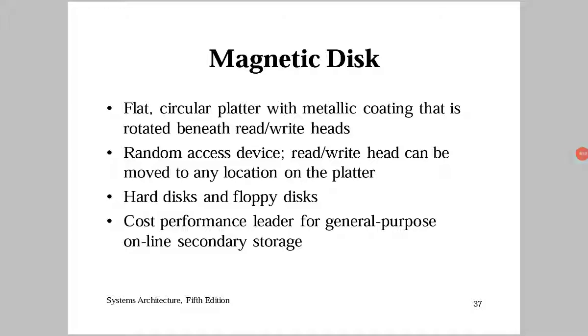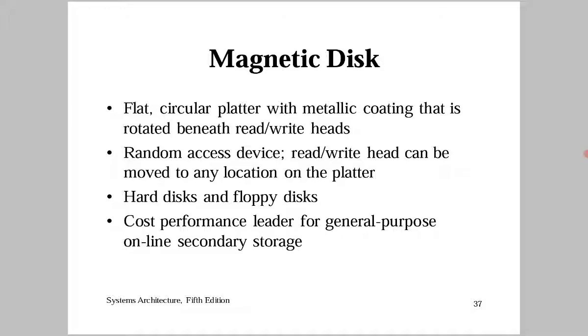A flat circular platter with metallic coating that is rotated beneath read write heads, a random access device. The read write head can be moved to any location on the platter. Hard disks and floppy disks, cost performance leader. So these are the features, applications and characteristics of magnetic disks.